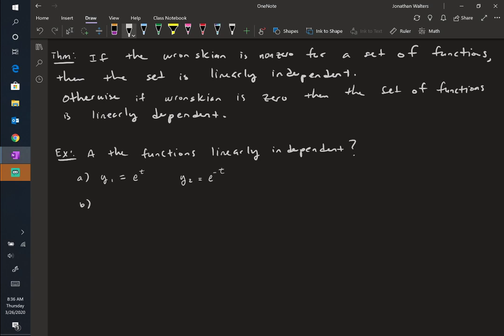The second set S of functions is t squared and 3t squared. The third set is the set of functions 1, t, 3 minus 2t. And then the last one is the set of sine x, cosine x, and 1.